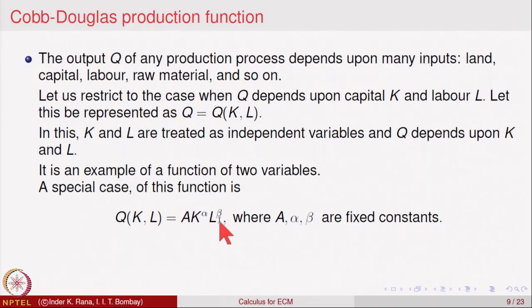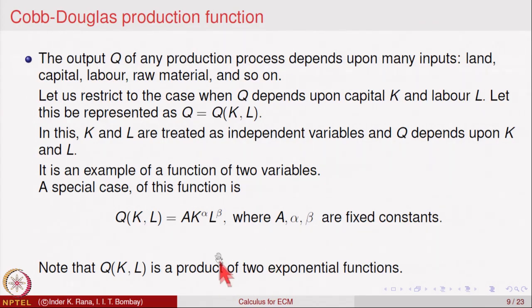So, here two exponential functions come into the picture, where A, alpha and beta are fixed constants. This is a model known as the Cobb-Douglas model for production of a certain quantity which depends on two variables, namely capital and labor.